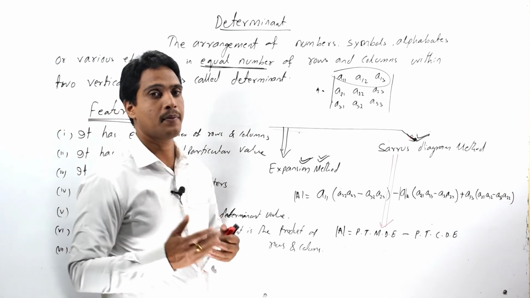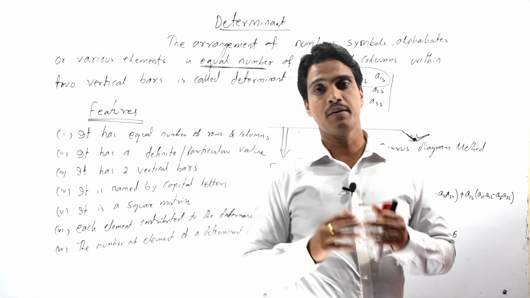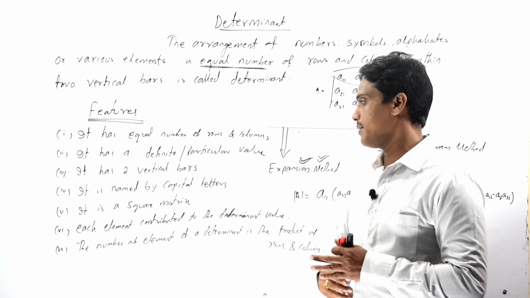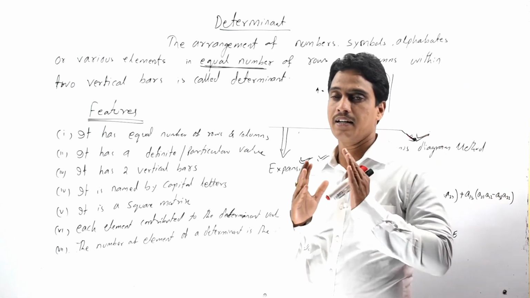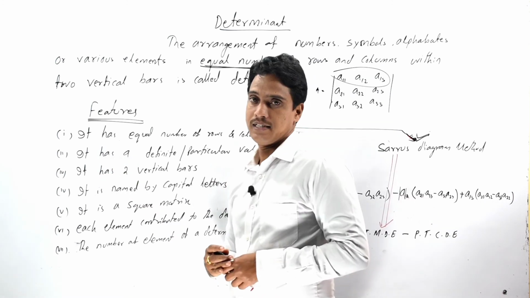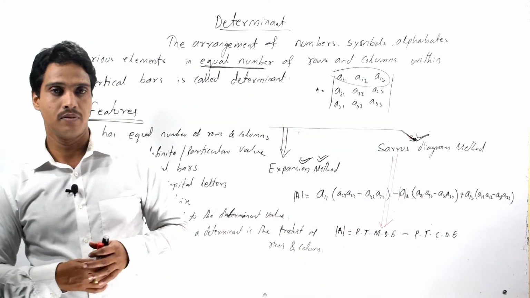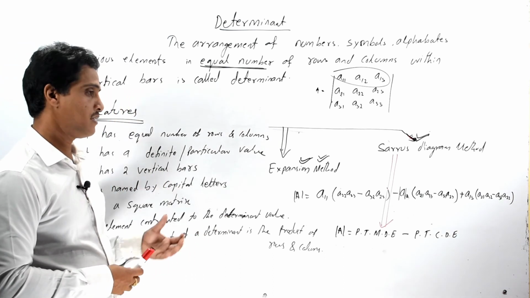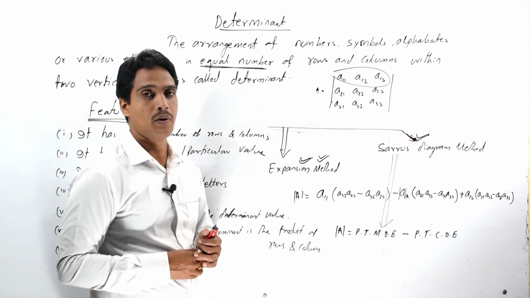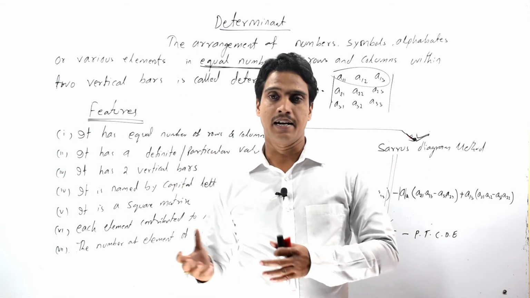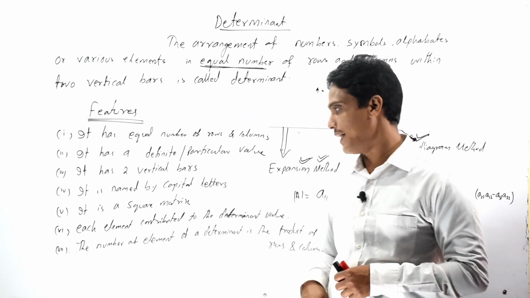Each and every determinant has a definite value. Then our next feature is that the elements of a determinant are always arranged within two vertical bars, one on its left and another on its right.